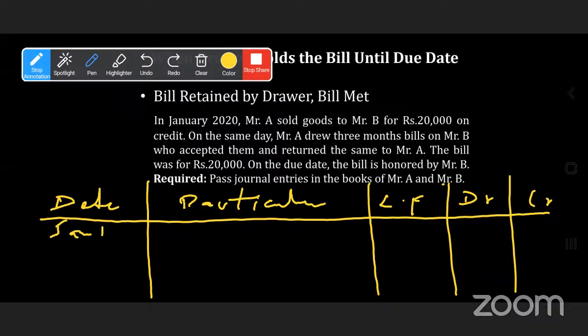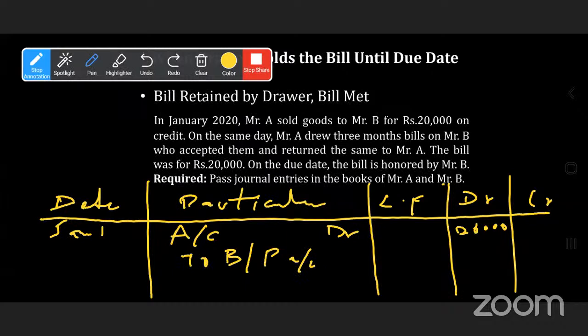January 1st. Here B has accepted the bill that was drawn on him by Mr. A. Now A account debit 20,000 to bills payable account.